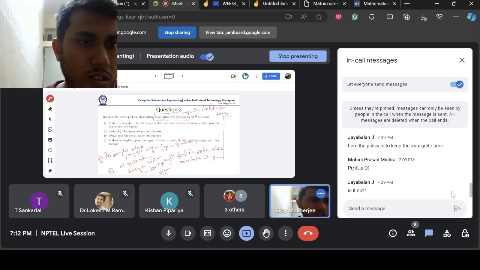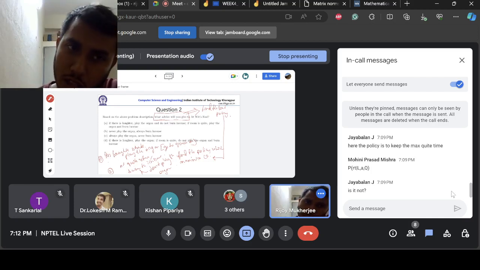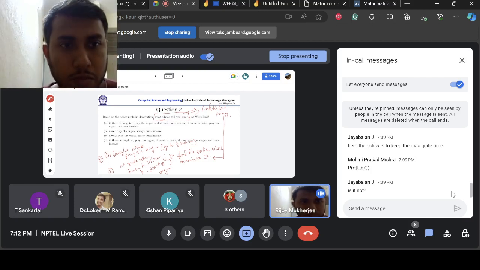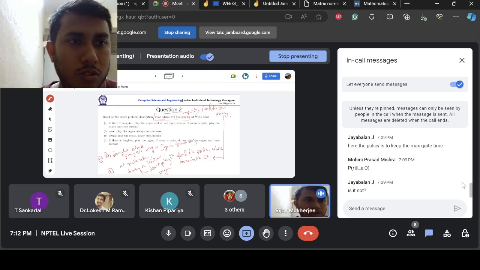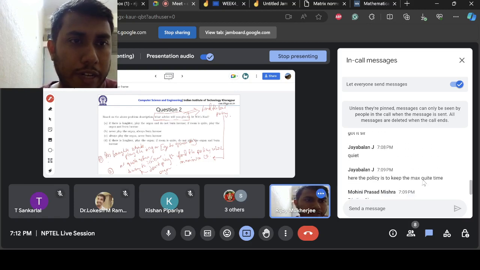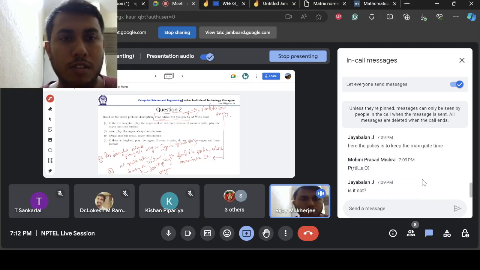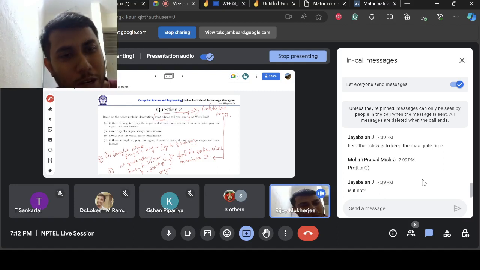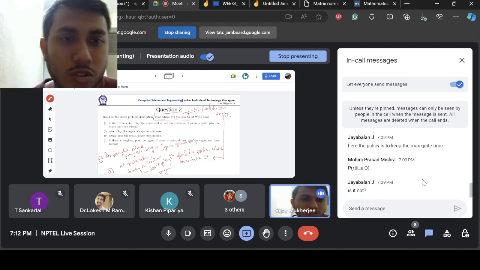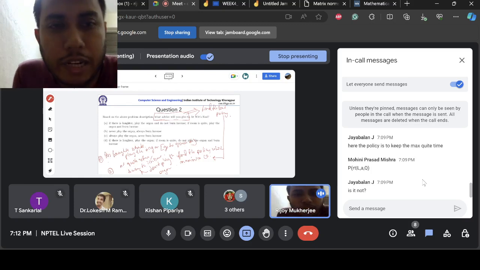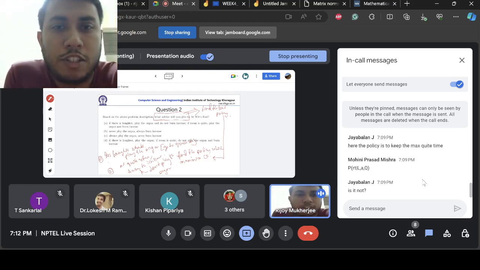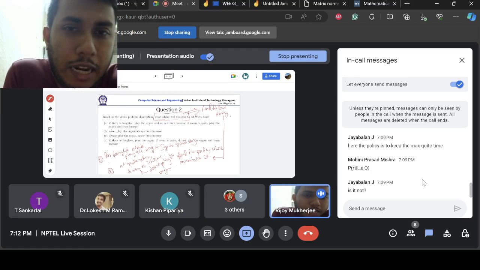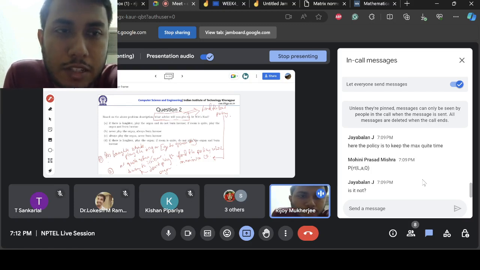What does it mean? Here the policy is to keep the max quiet time. Yes, max quiet time is correct, but the policy's main target is to maximize the reward, which you get by more and more transitions into the quiet state.